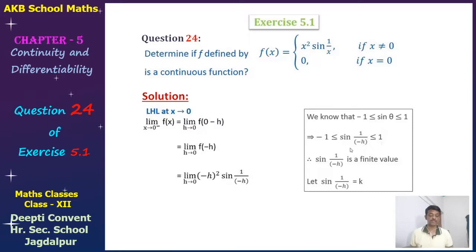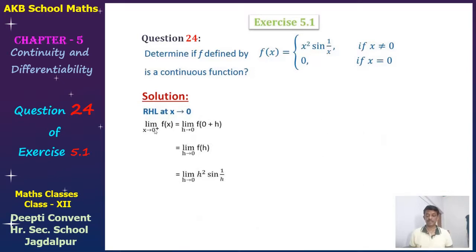That is, this is a finite value. So let us take this finite value as k and use here minus h square into k. Now h square into k, h equal to 0, k into 0, 0. This is left hand limit.